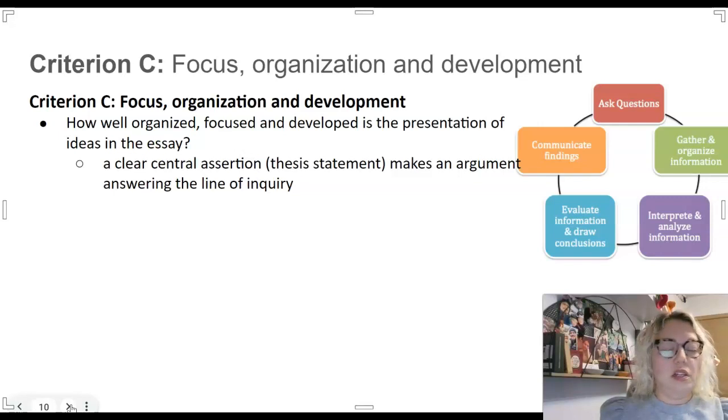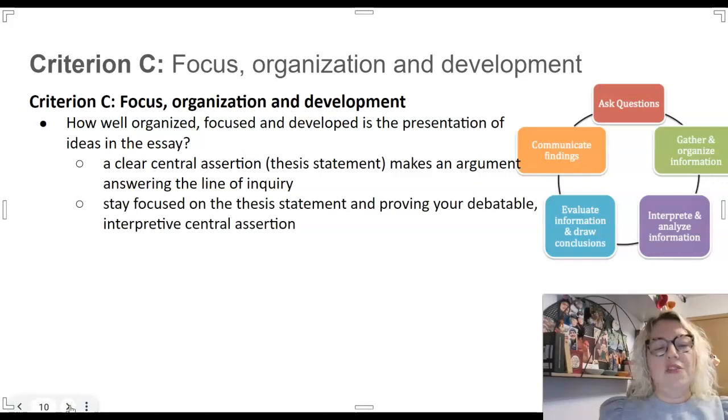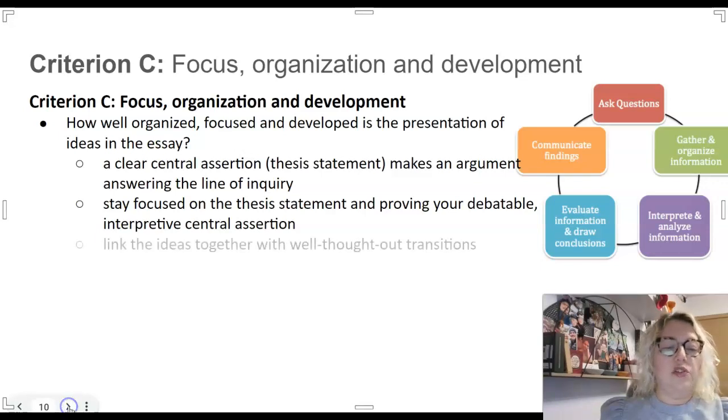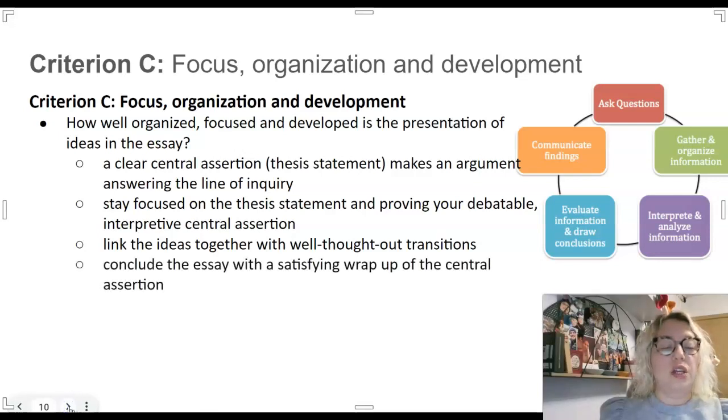You need that clear central assertion in your thesis statement that makes an argument, answering your line of inquiry. Stay focused on that thesis statement throughout the essay and prove your debatable interpretive central assertion. Link the ideas together with well thought out transitions, and we'll work on that in this unit. And then finally conclude the essay with a satisfying wrap up of the central assertion.